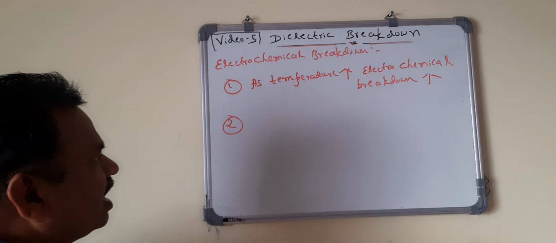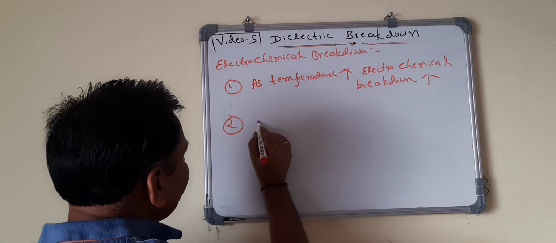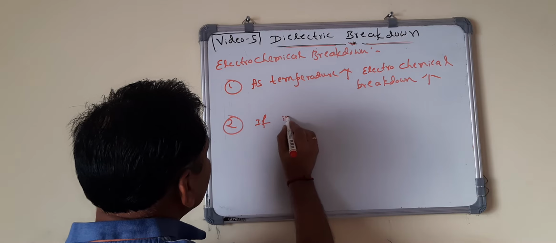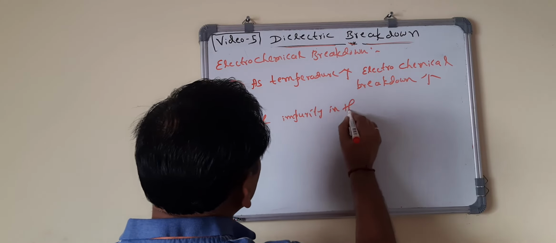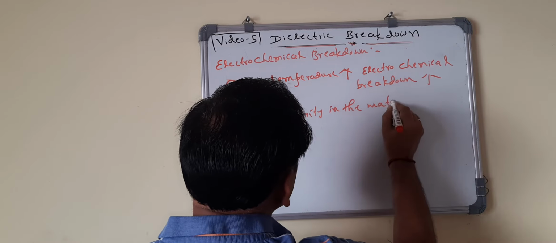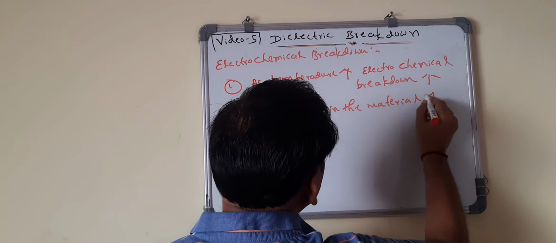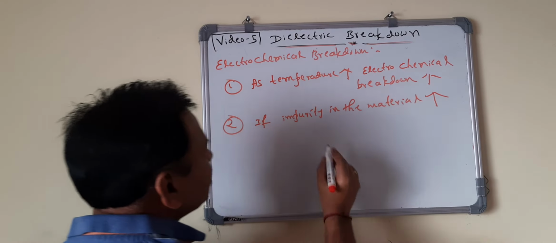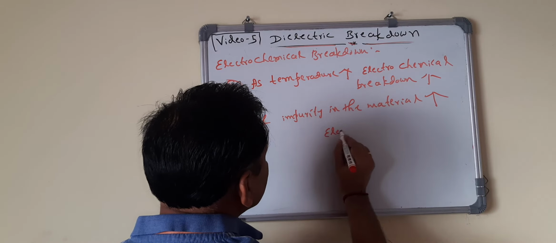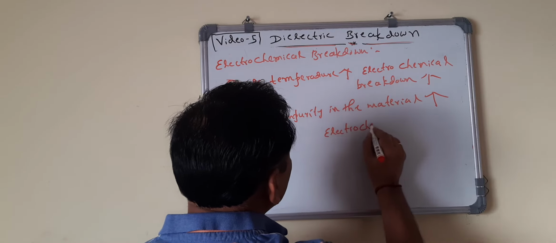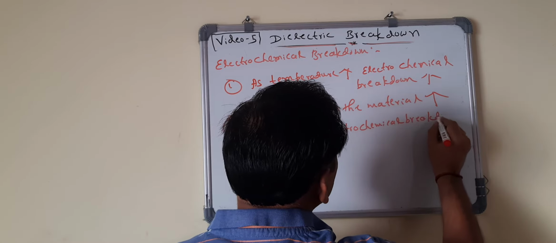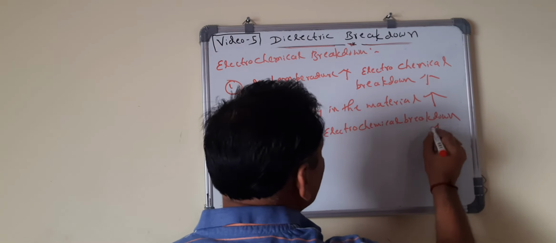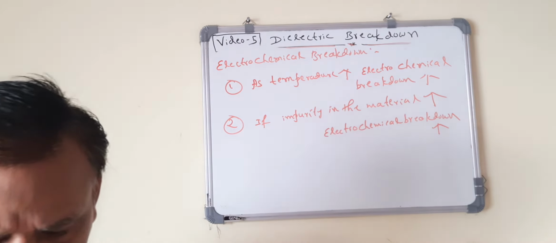Second, as impurity in the material increases, electrochemical breakdown also increases. The possibility increases.